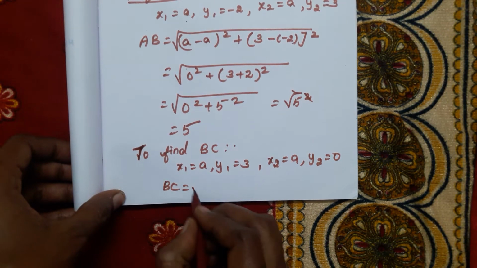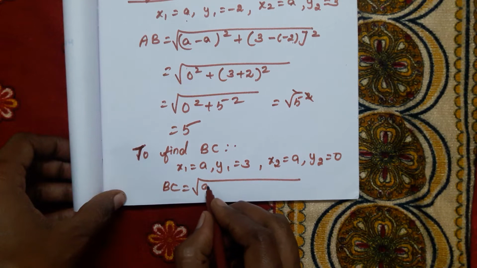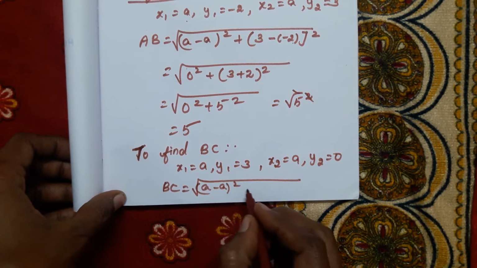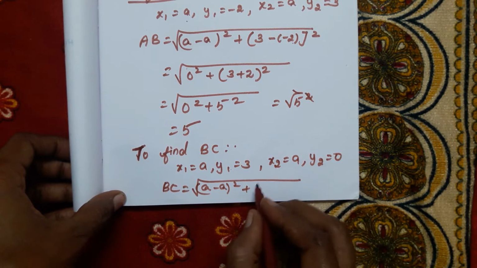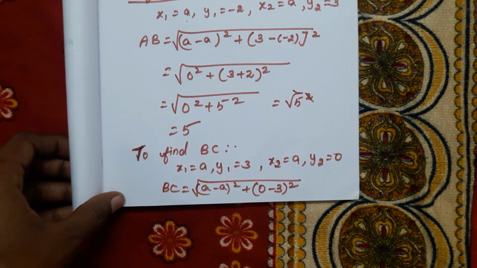BC is equal to root of x2 minus x1 the whole square, so A minus A the whole square plus y2 minus y1 the whole square, 0 minus 3 the whole square.